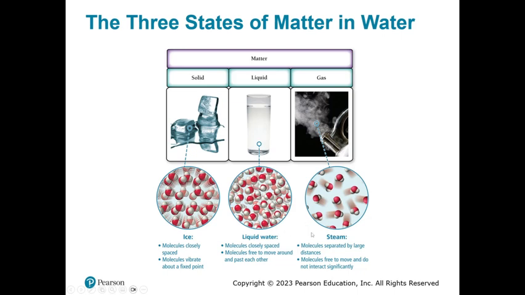Liquid is in between solids and gas, in that the molecules are still very closely packed. You know, you can see a whole bunch of molecules compared to how many are over here. But they're able to slip past each other. And so they're not so tightly packed that they can't move around. They're still able to slip past each other and move around.